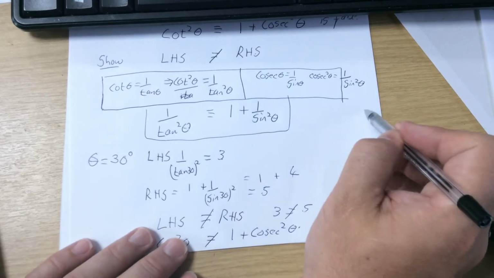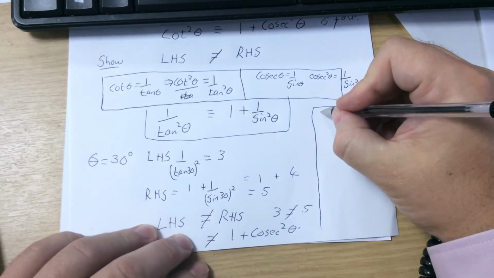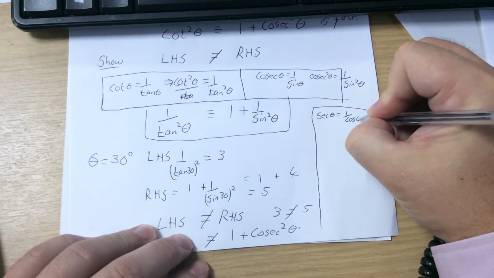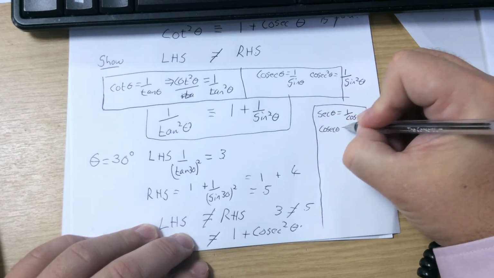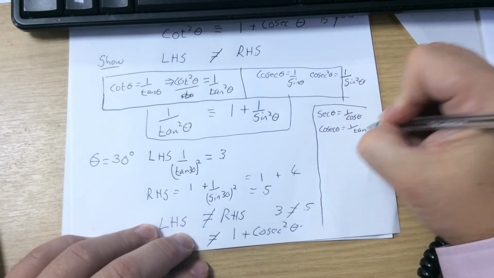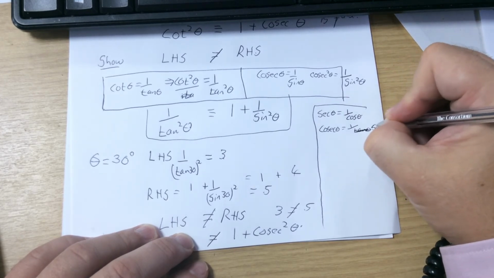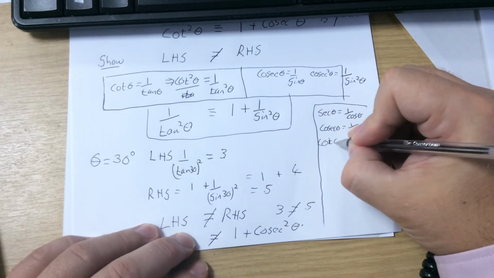Don't forget the other identities that you should know from at this stage. Alright, you should make sure you know sec theta is 1 over cos theta. Sorry, cosec is 1 over sine. Cot is 1 over tan.